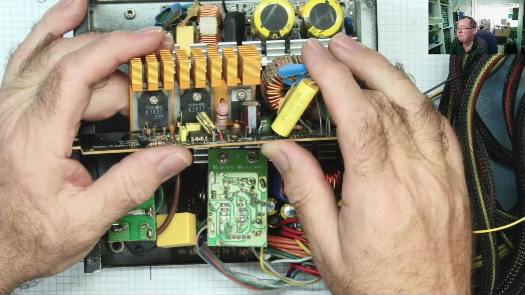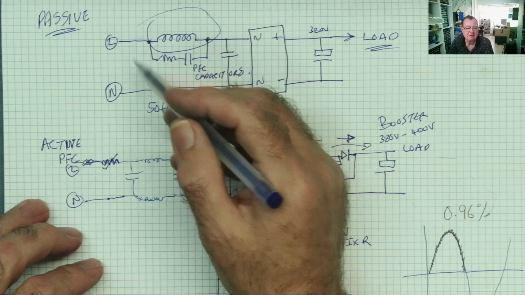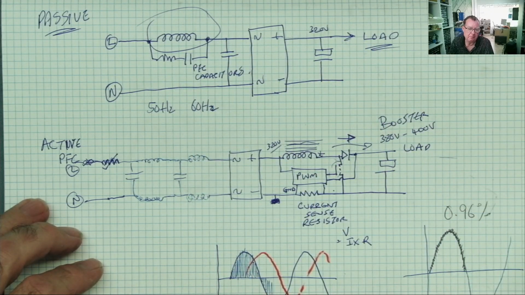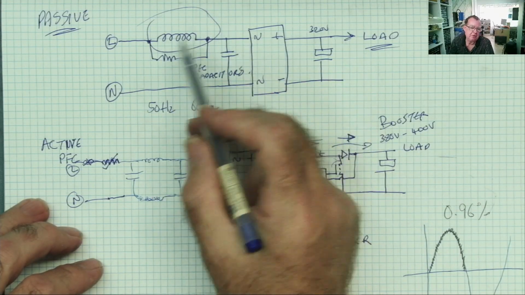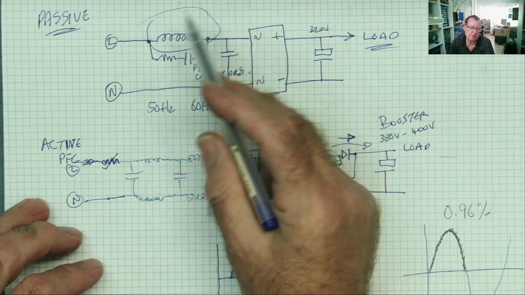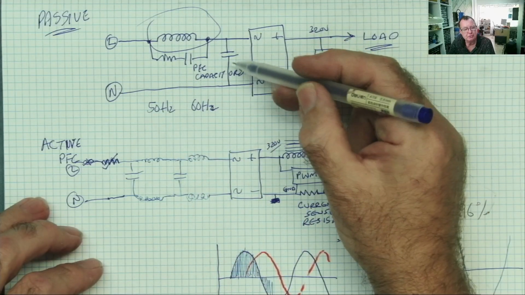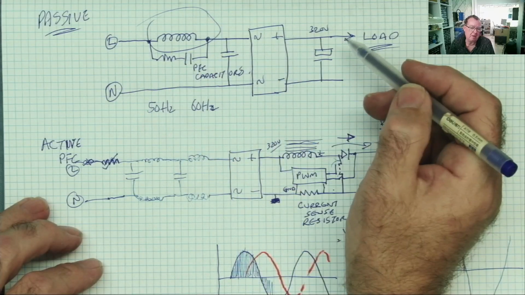Now, what can go wrong with these things? Generally speaking, passive PFC, this type, doesn't really go wrong. If this coil went open circuit due to excess current, that would cause the circuit to fail and you would get no output. If this capacitor was short, that would blow the fuse and you would get no output.